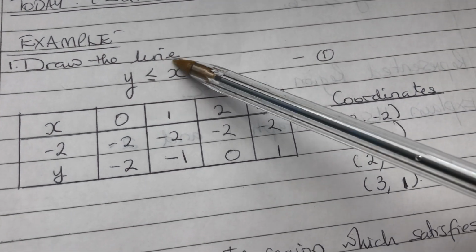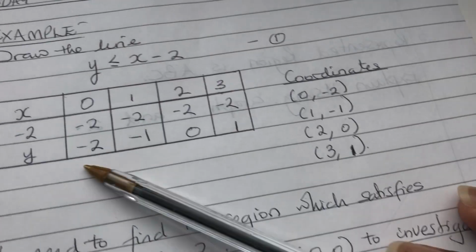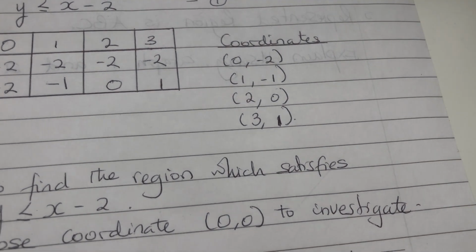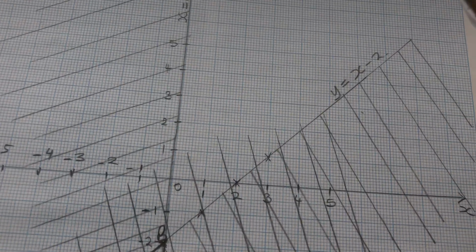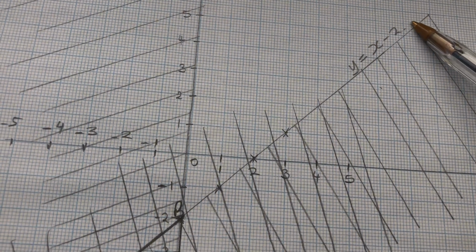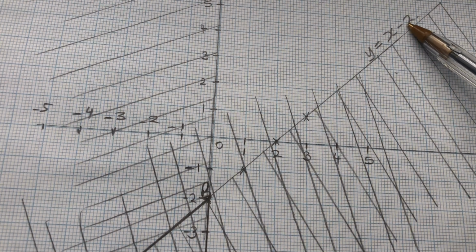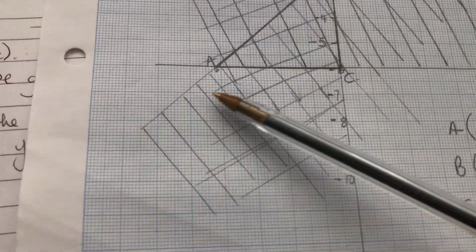So first of all, I'm being asked to plot these coordinates. So I plotted it here, and this was the line graph I had. This is my line y equals x minus 2 when I plot the points.